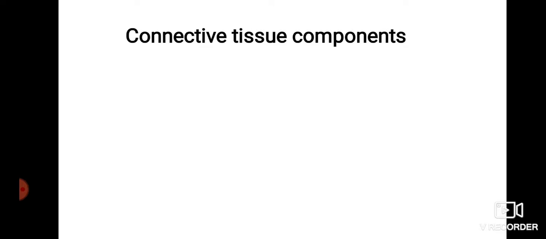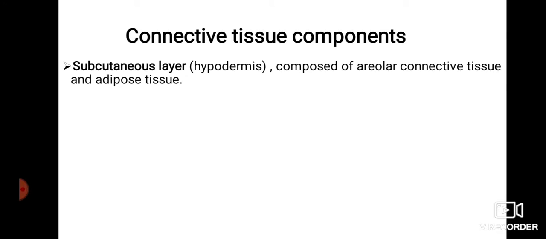Now we see the connective tissue composition. The outermost layer of the muscle is the hypodermis that separates the muscle from the skin.